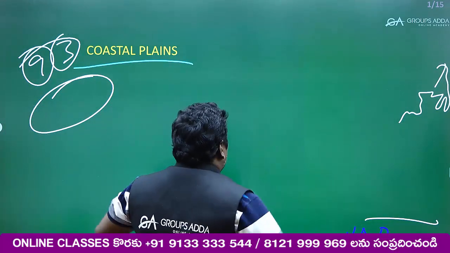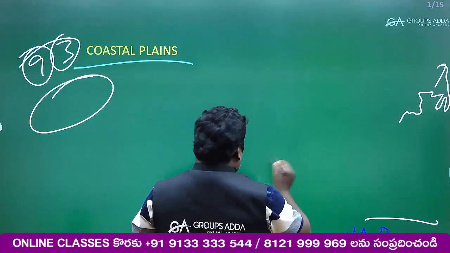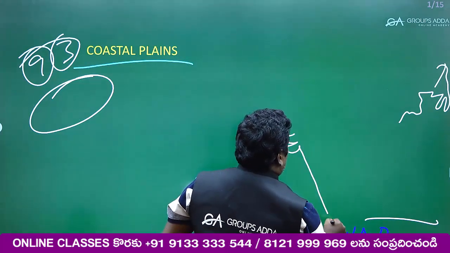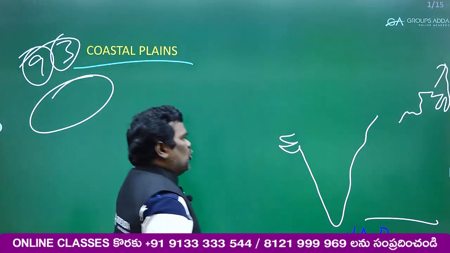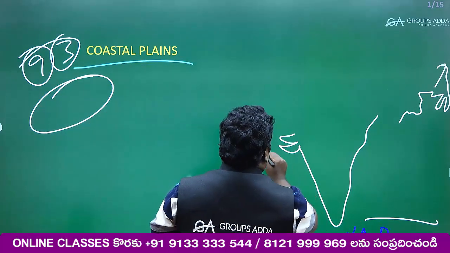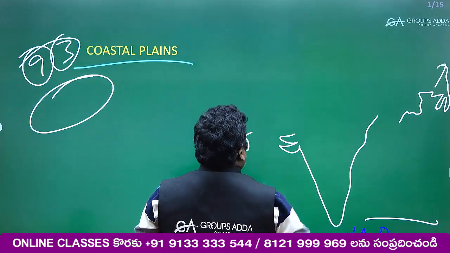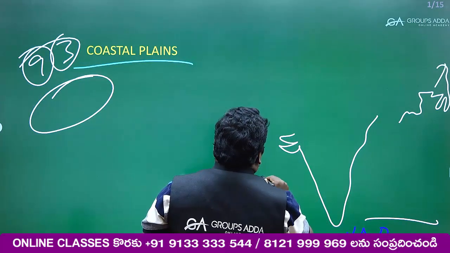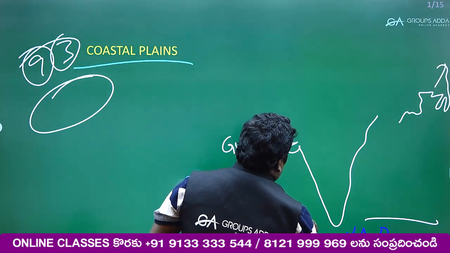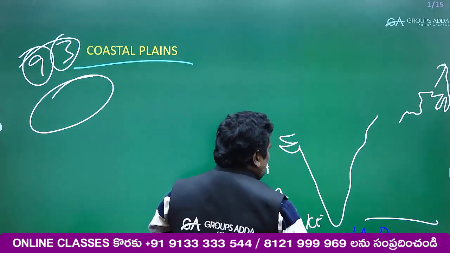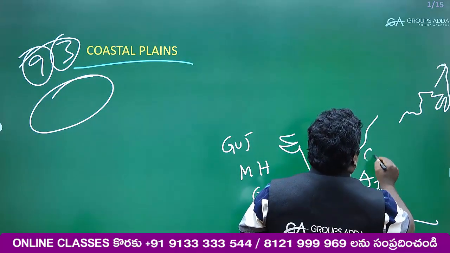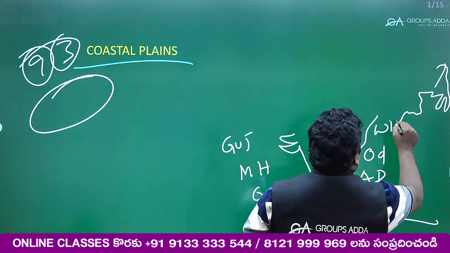Okay, done. My dear friends, see. I am giving you just this coastal part only. Yes, see, Gujarat, Maharashtra, Goa, Karnataka, Kerala, and here Tamil Nadu, Andhra Pradesh, Odisha, West Bengal.